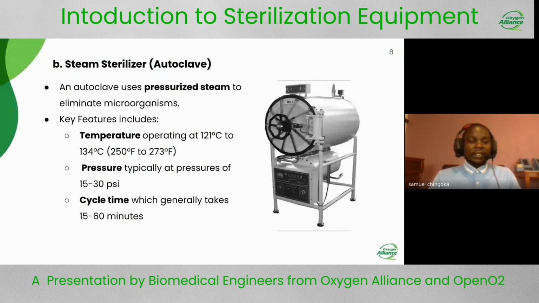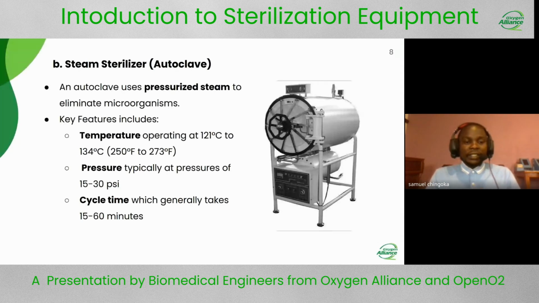This is saturated steam, also called dry steam, that is, steam at equilibrium with water which is above the boiling temperature. To be successful when sterilizing using steam, we need this pressurized steam which is saturated.